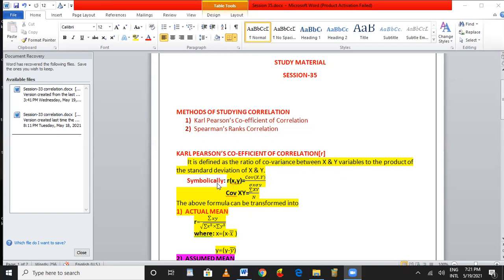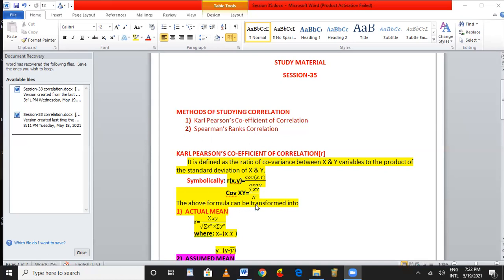R means the correlation coefficient between x and y. It is the covariance of x and y divided by the standard deviation of x and the standard deviation of y. The covariance of x and y is sigma xy divided by n.